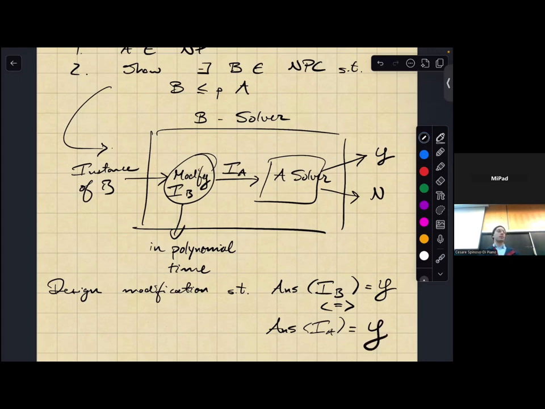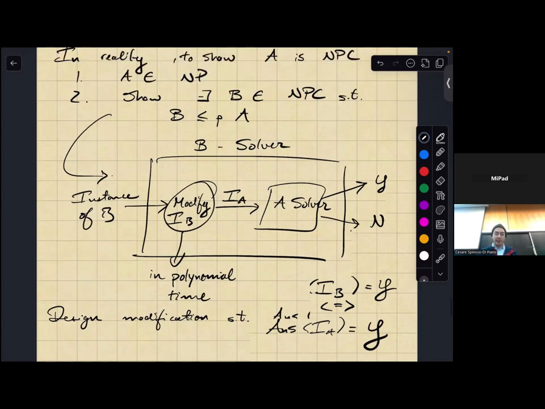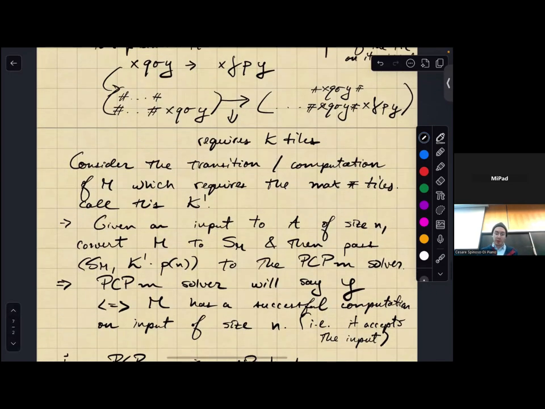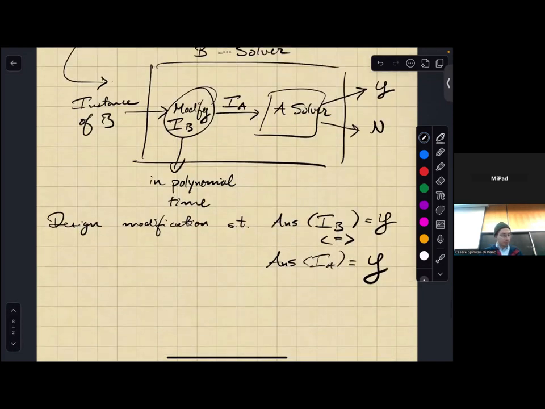Okay. Good, clear? Okay. So that's much easier, right? Because you just have to deal with one specific instance modification instead of one messy arbitrary modification.